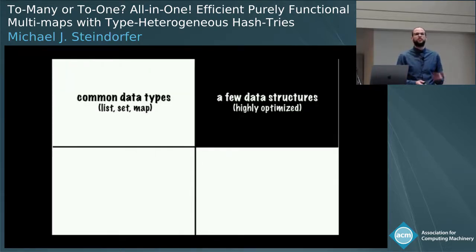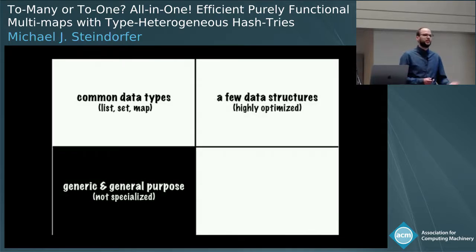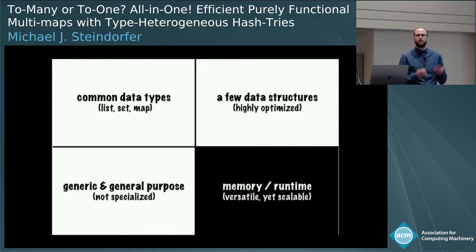These are typically generic and general purpose, so they're not really tailored towards a particular workload or some sort of input data. They're also typically carefully balancing runtime characteristics, say the memory footprint and how it behaves in terms of runtime performance. So they should be versatile. They are the Swiss Army knife that every engineer is using.